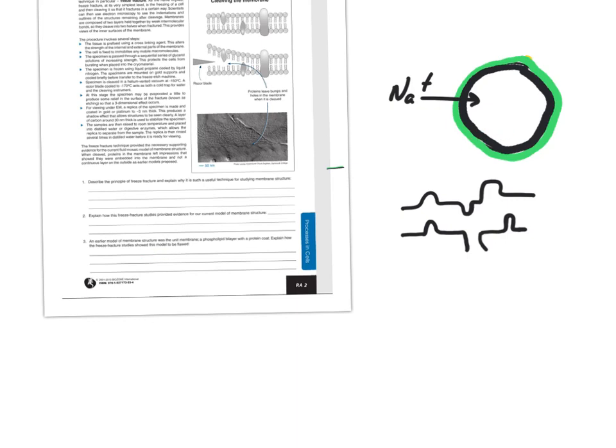So how did this show that this model, this protein coating the phospholipid layer, was flawed? Because as you have bumps and holes, it shows that the proteins are embedded in the phospholipid layer and not coating the phospholipid layer. It's just a fairly simple answer.